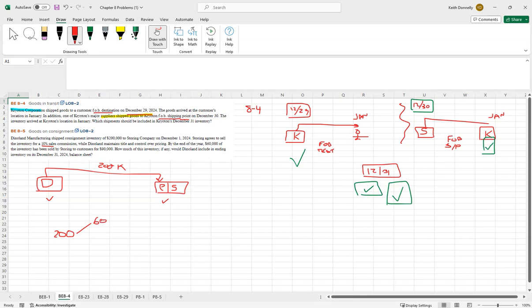They sold 60,000 per the facts, which means if they sold 60, there must be 140 they have left. That 140 they kept is going to be Dino Land's ending inventory, even though the pawn shop has physical possession. We, Dino Land, have legal title to it. So that's our inventory. We've got to put it on our balance sheet.